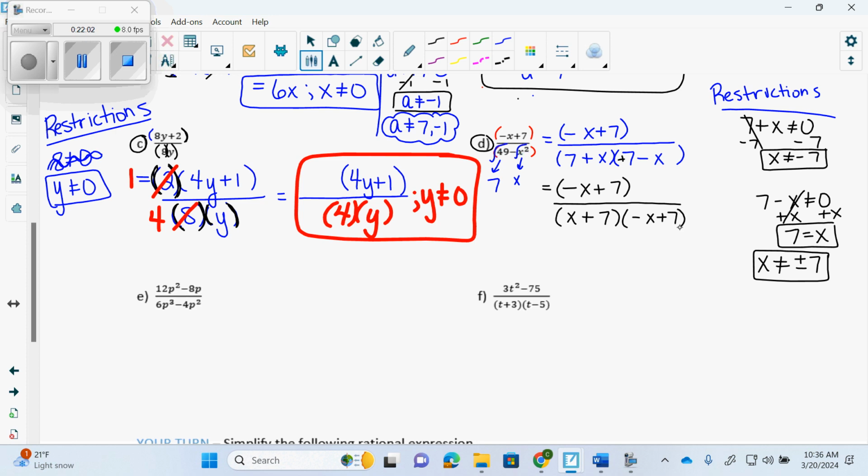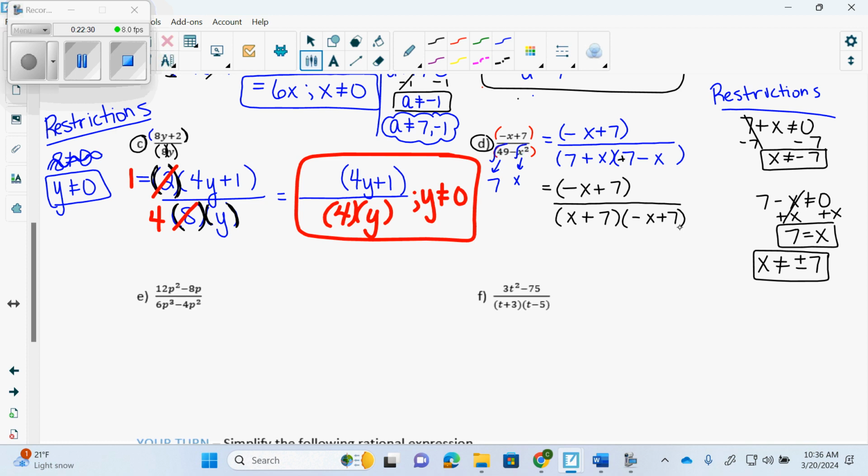So do they actually match? Yes, they do. They match. So if they're out of order, write them both in the same order and see if they match. See, I took negative x, positive 7, positive 7. You see how I just wrote them in a different order? But I took their sign with them. Correct? You have to take what sign is with them. Now do they match completely? Do I have a twin on the top and a twin on the bottom? Negative x plus 7. Yeah.